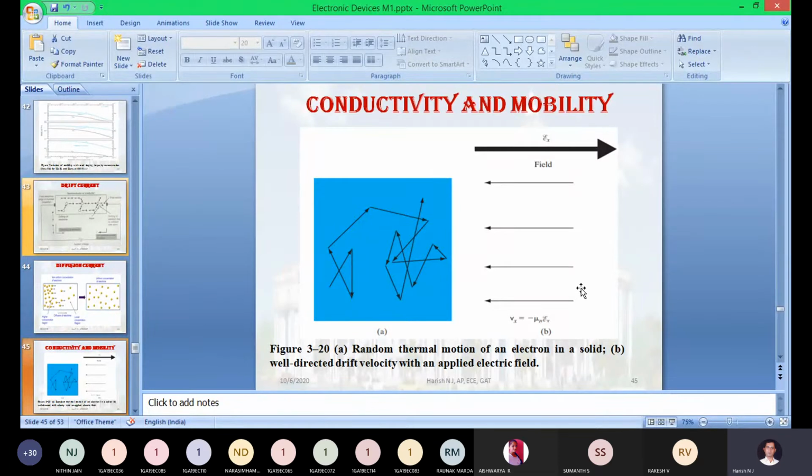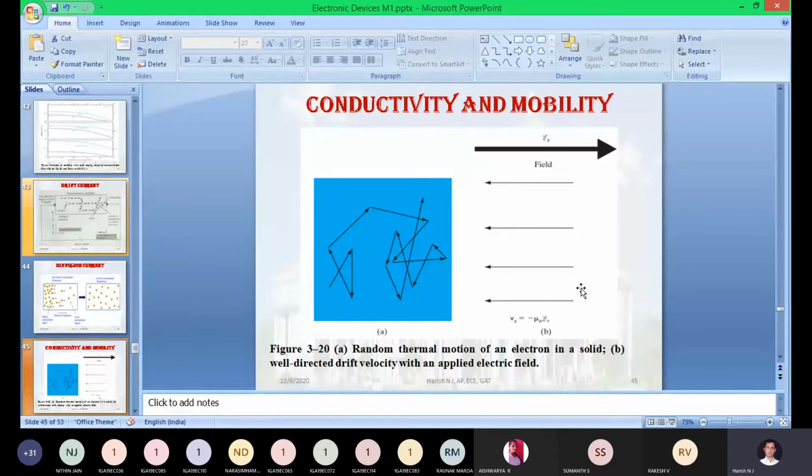Here we have taken an n-type semiconducting material. In it, somewhere around 40,000 electrons, just for understanding, I have taken that numerical value. More than 40,000 electrons are involved. They start moving towards one particular direction.